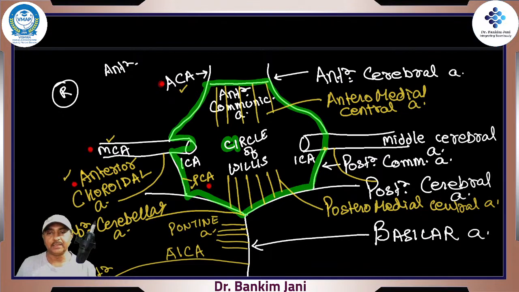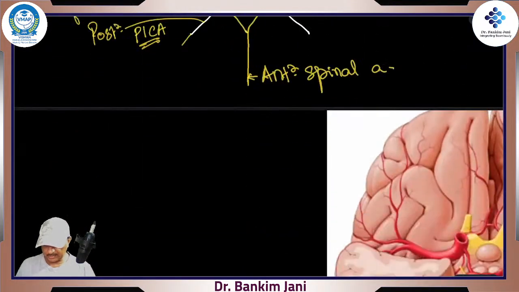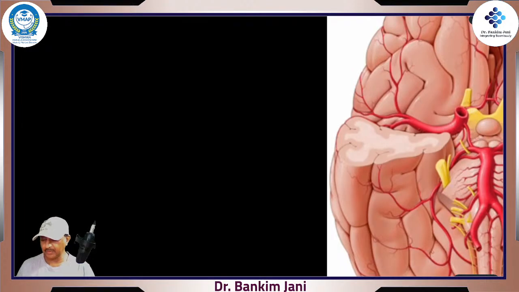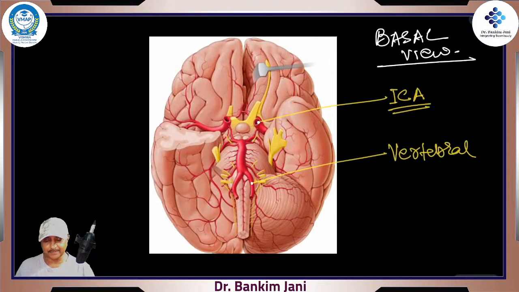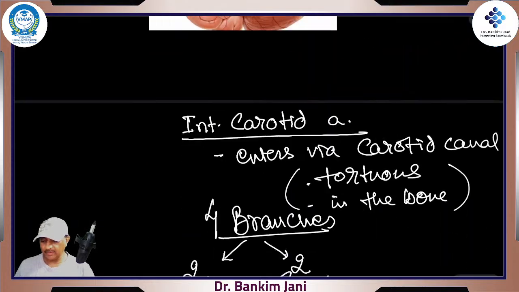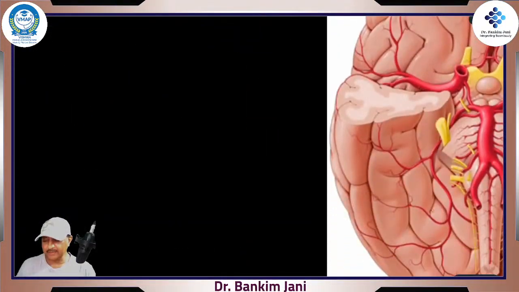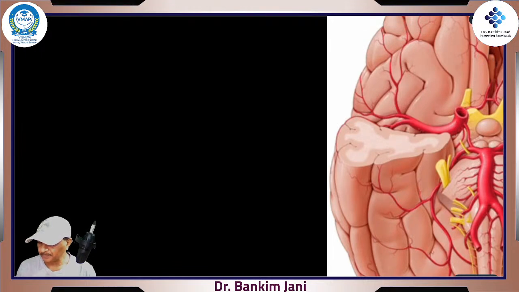Now we see it in more detail in the image, where exactly they are. I have tried to zoom in. It is in fact the same image as this, but over here one side has been zoomed. So this one is the internal carotid artery. This is the middle cerebral artery, fair enough.